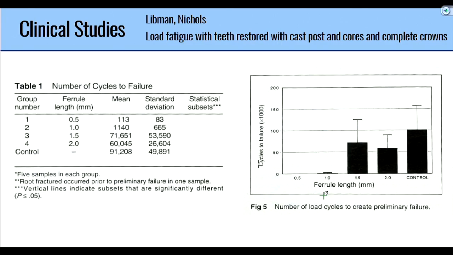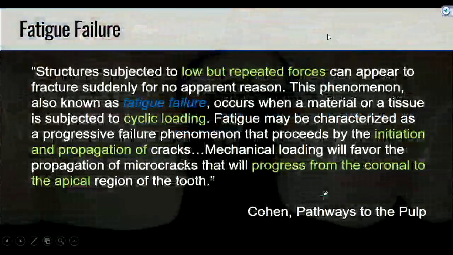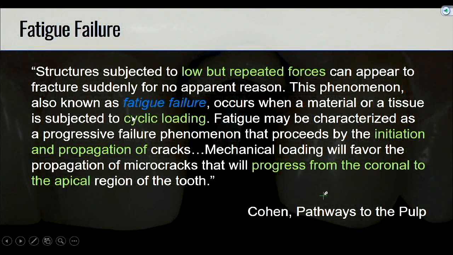Because if you don't, remember the post can act as a lever arm, and it subjects the tooth to some sort of fatigue stress. So that's what this part is talking about if we go back a bit. Structures subjected to low but repeated forces, which occur in the mouth, can appear to fracture suddenly for no apparent reason.